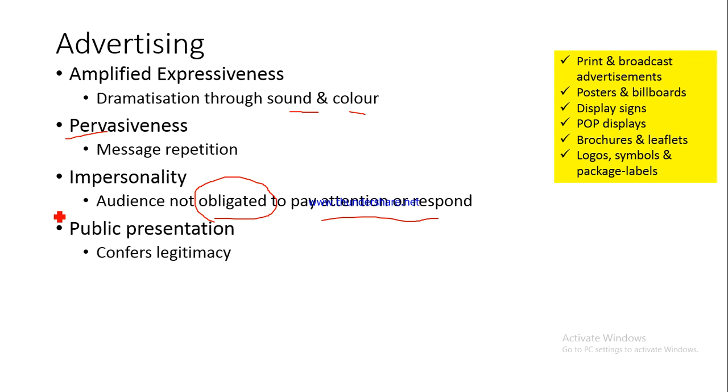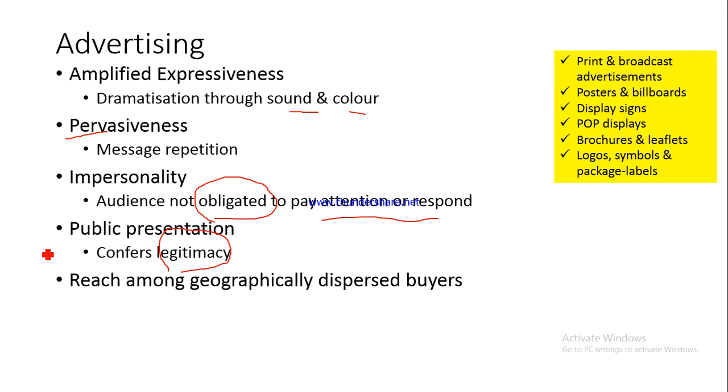On the other hand, if you are saying the same thing in public, then there are greater chances that you are telling the truth, and this is what the customer thinks, and he perceives the claims made in the advertising campaigns to be truer. So this confers legitimacy. So the audience, the customer perceives your claims to be legitimate, closer to reality.